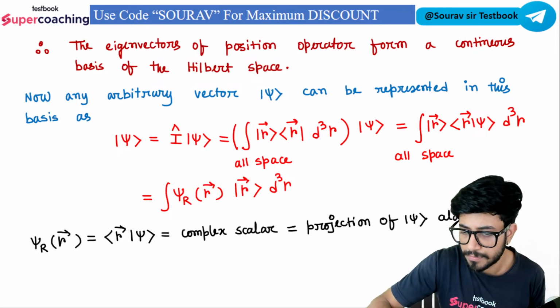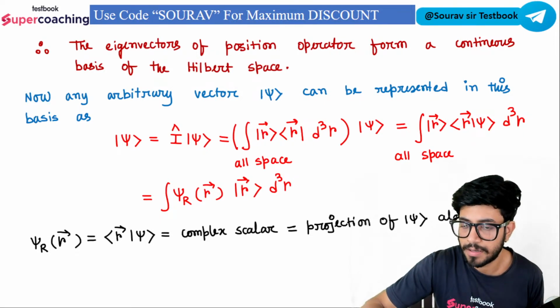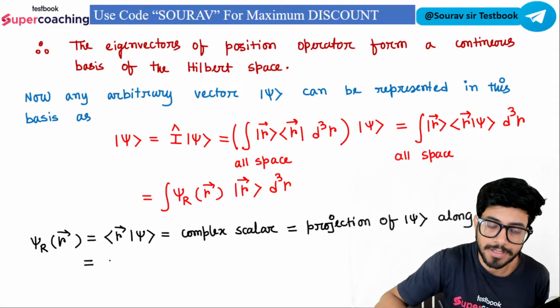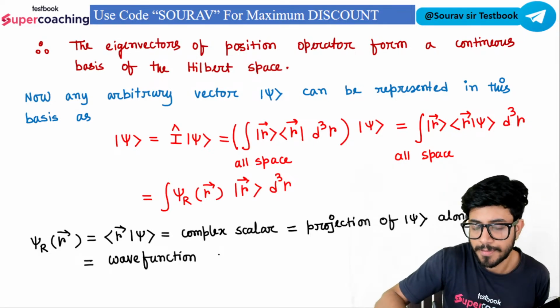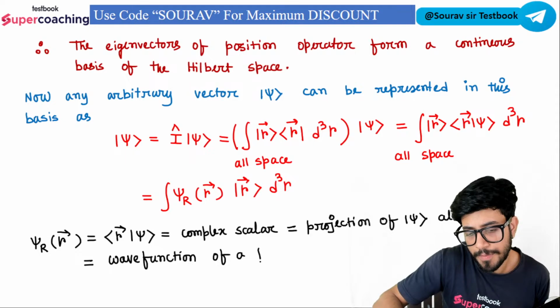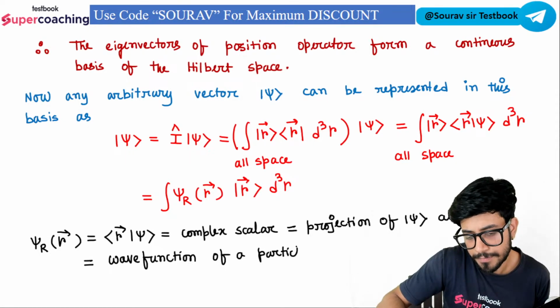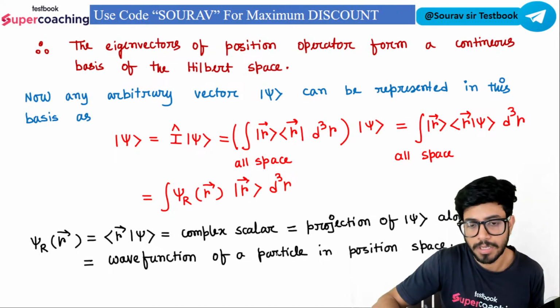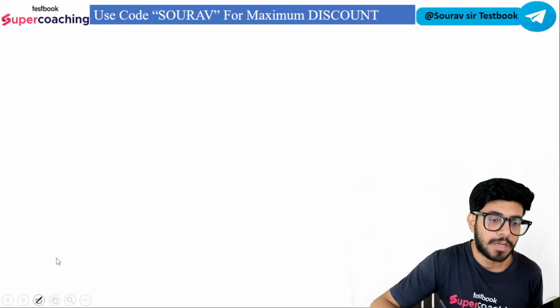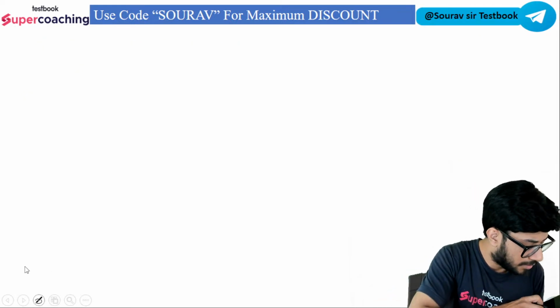Ket psi along r vector. That is also known as the wave function of a particle in position space. That represents the wave function of the particle in position space.